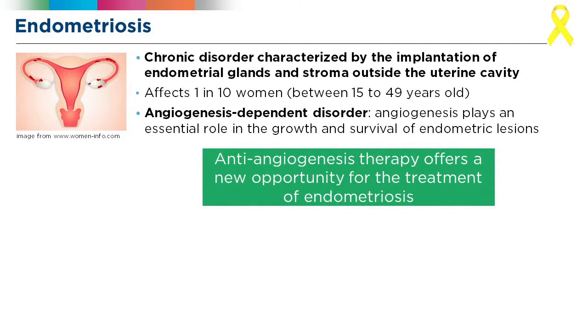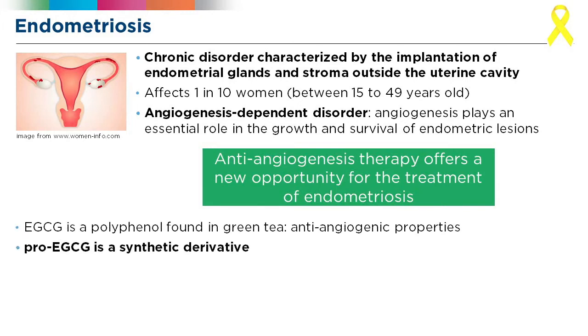So the idea is to see whether anti-angiogenesis therapy could offer a new opportunity for the treatment of endometriosis. In this study, the article focuses on EGCG, which is a polyphenol that is found in green tea, and it has been shown that EGCG has antiangiogenic properties.